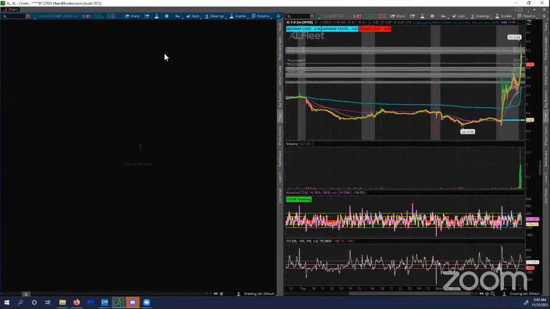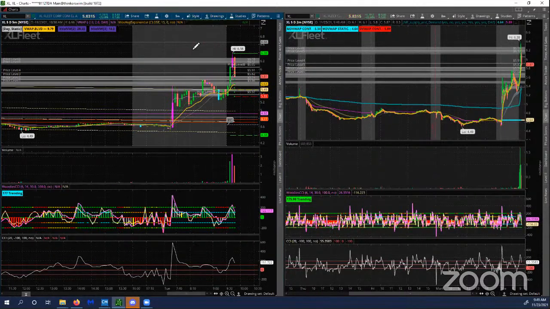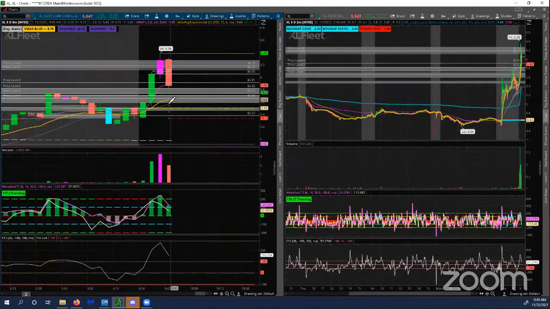I think I'm going to switch to a 5-minute on XL, see if we can get back down to that 15-minute or the 5-minute 15 EMA.